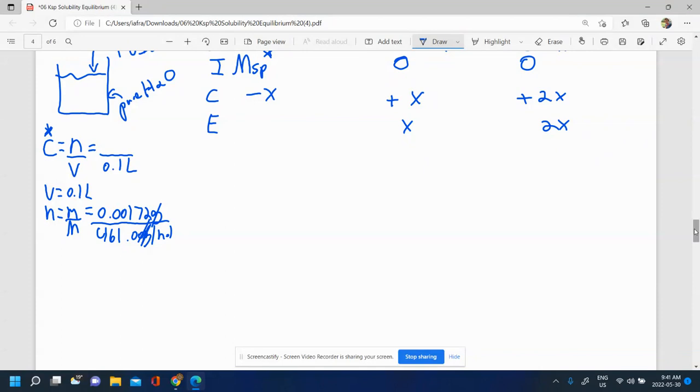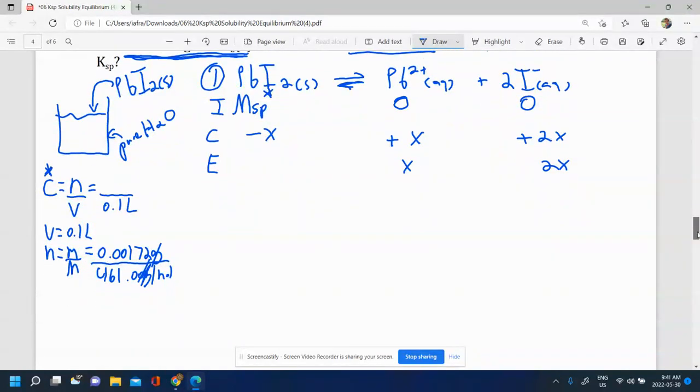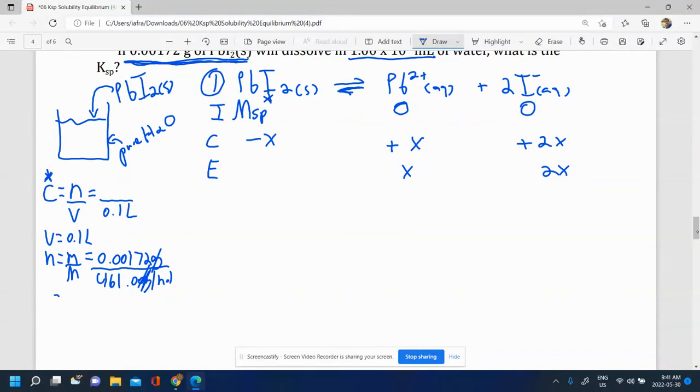So that's 0.00172 divided by that molar mass we just found, and we get this very, very small number of moles, and that's okay. That means it's not very soluble. You could also write that in scientific notation: 3.731 times 10 to the power of negative 6 moles.